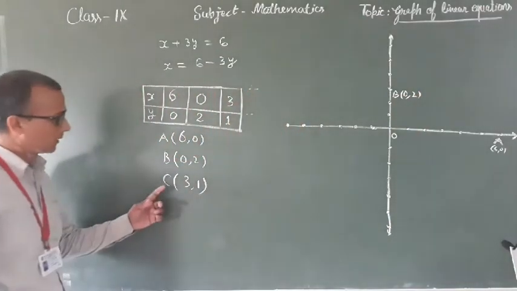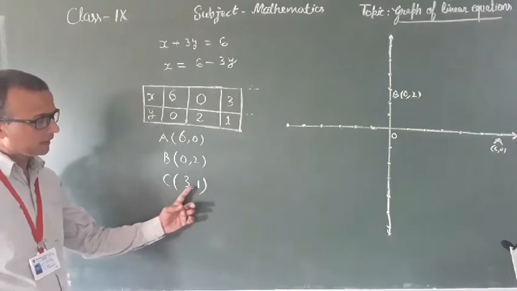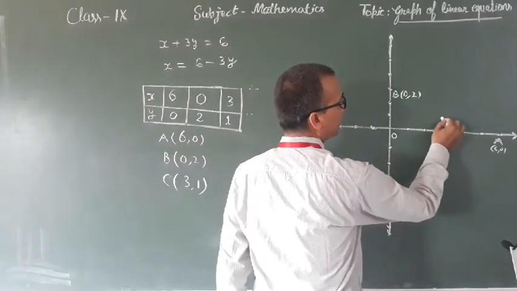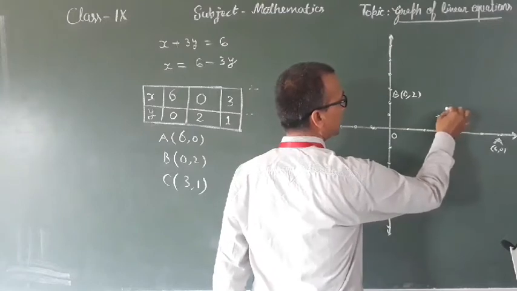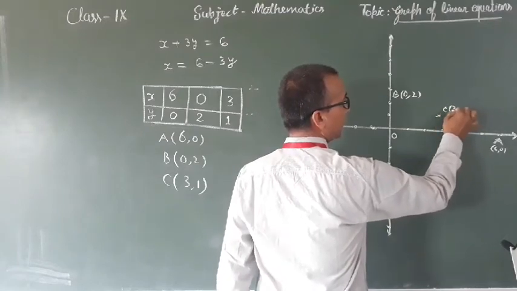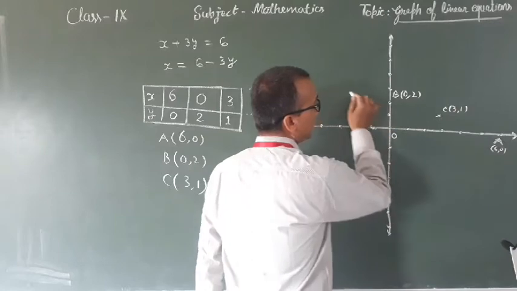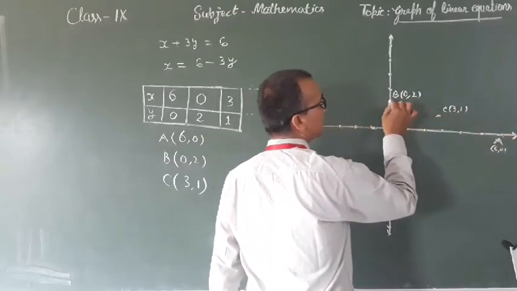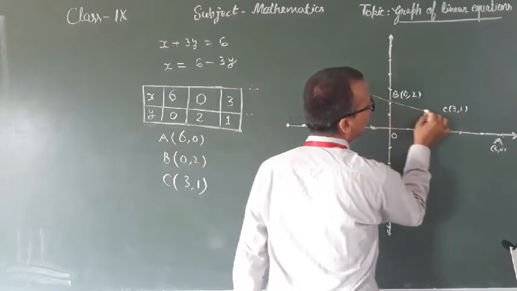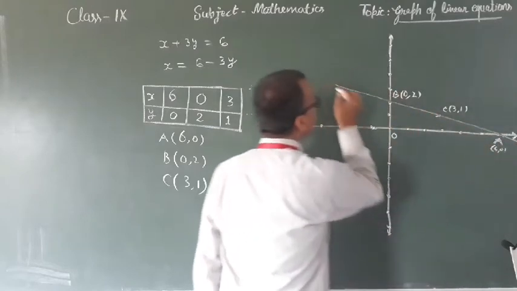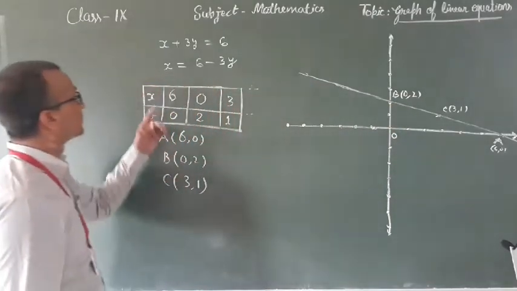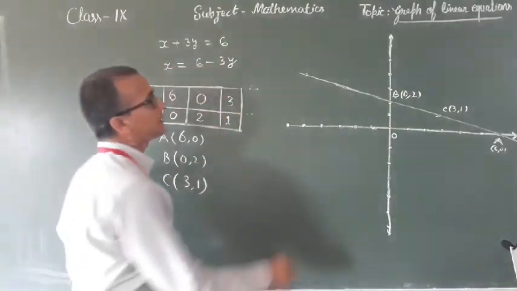Third point C, (3, 1). 1, 2, 3 and 1. This point is C point, (3, 1). Make a straight line which passes through A, B, C, and this is graphical representation of the equation x plus 3y is equal to 6.